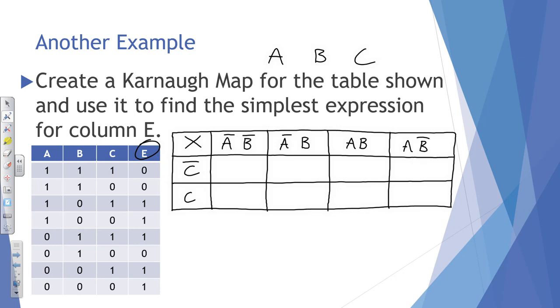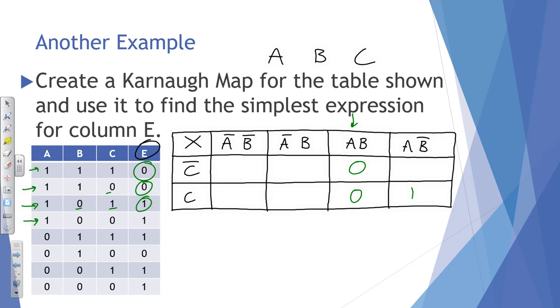Okay, let's fill in those values. Row 1, conditions A, B, and C give an outcome of 0. Row 2, A and B, but the negation of C gives an outcome of 0. Row 3, we have A but not B, and C gives an outcome of 1.